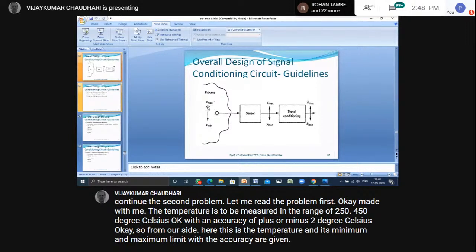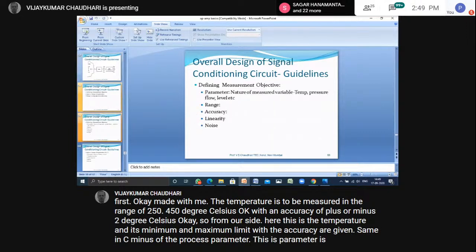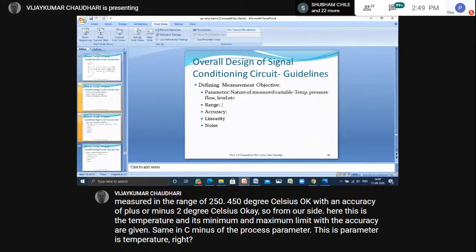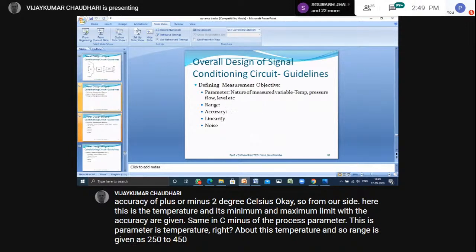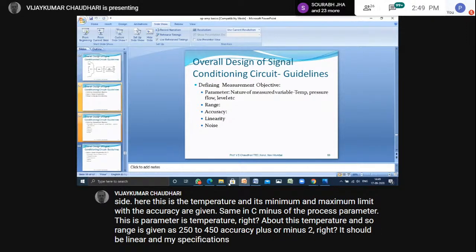C min, C max of the process parameter. The process parameter is temperature, its range is 250 to 450, accuracy plus or minus 2. It should be linear, and noise specifications are not given.